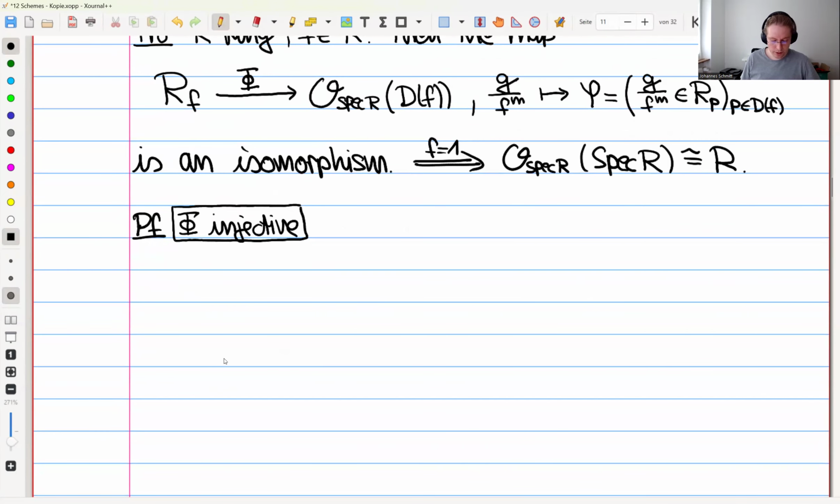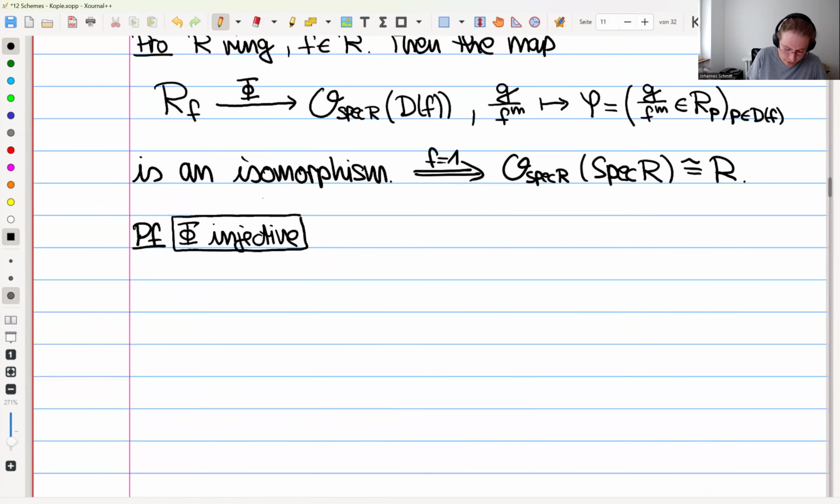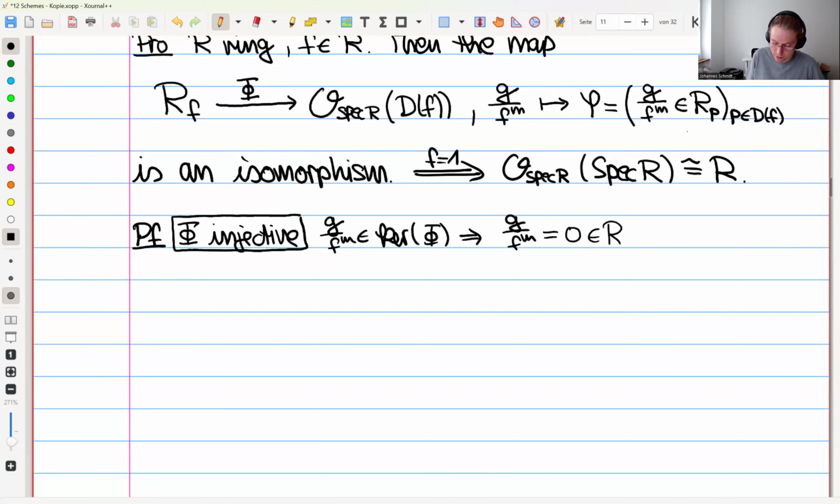We show this map is an isomorphism by first showing it's injective and then showing it's surjective. For the injectivity part, let's say we had something in the kernel. So let's say G divided by F to the M is in the kernel of big Phi. In other words, all of these entries should be 0, so these should be 0 in R_P for all P in D(F).